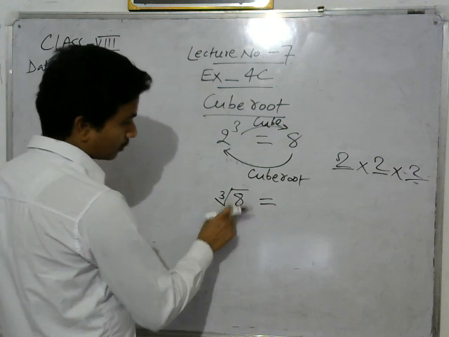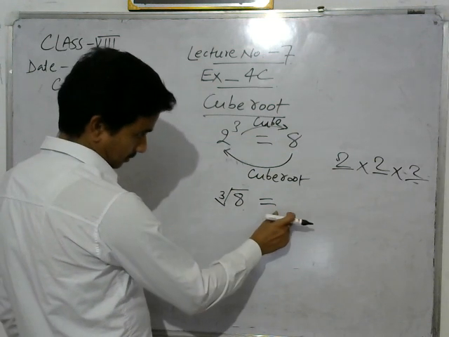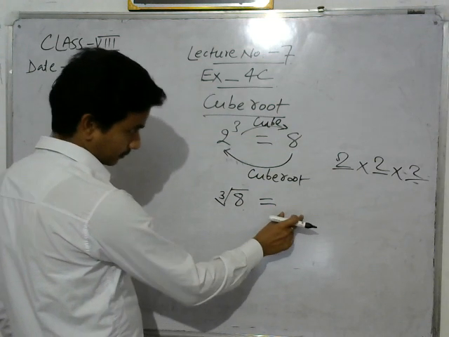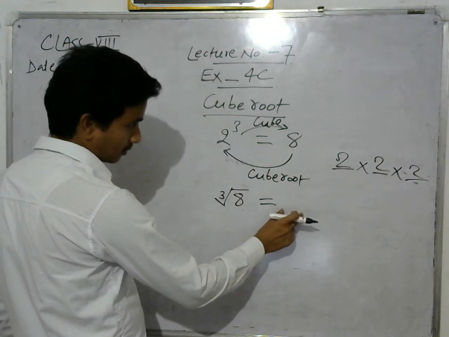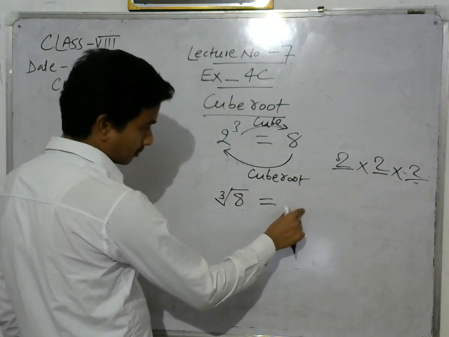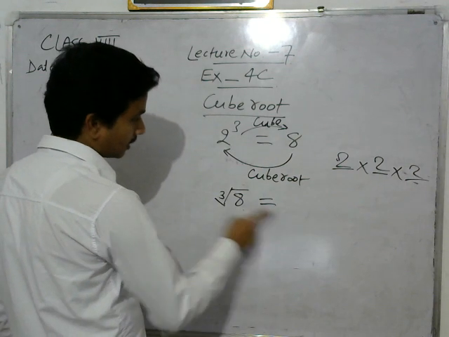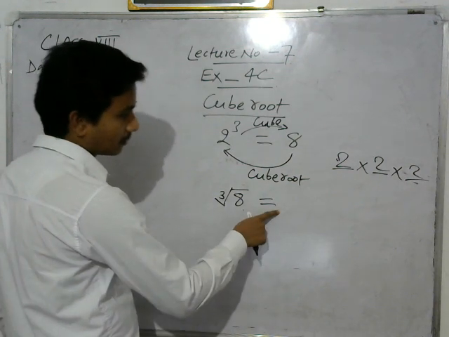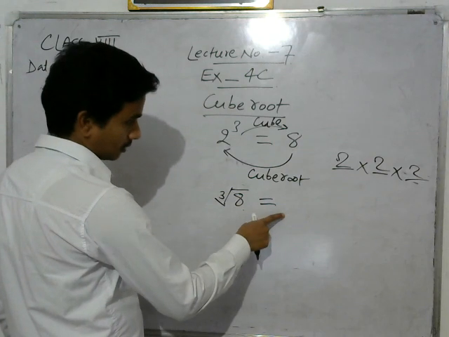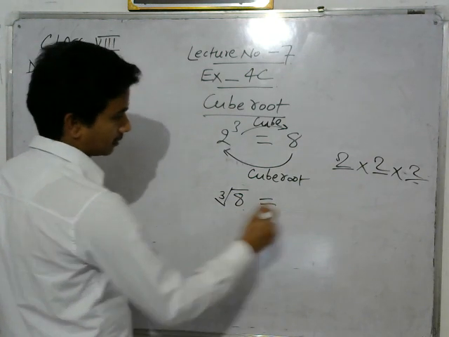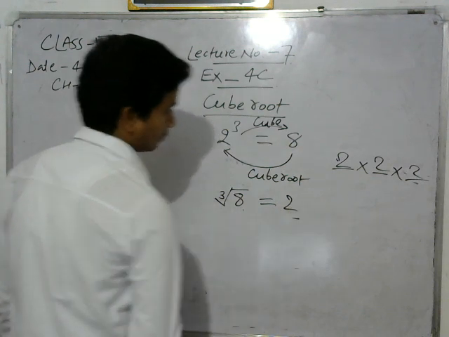Or simply, cube root of 8 means what is that number that should be cubed so that you will get 8? So the answer is 2.